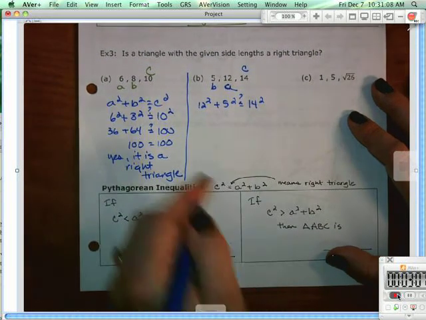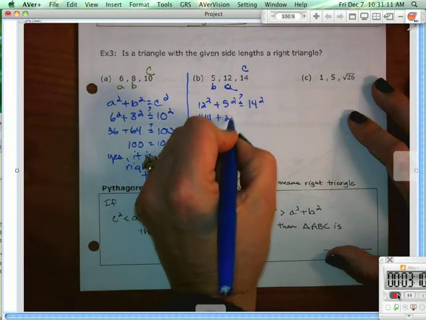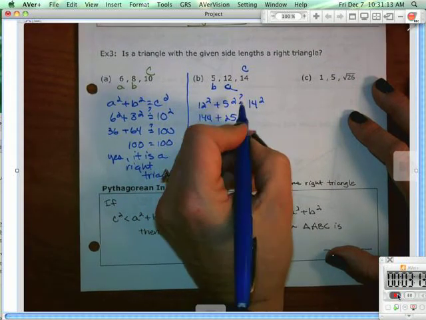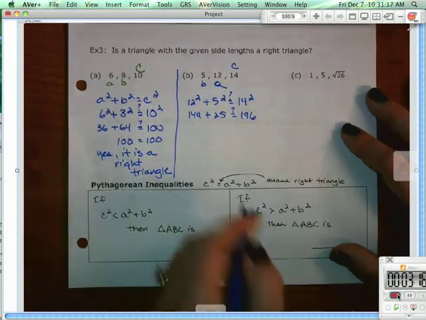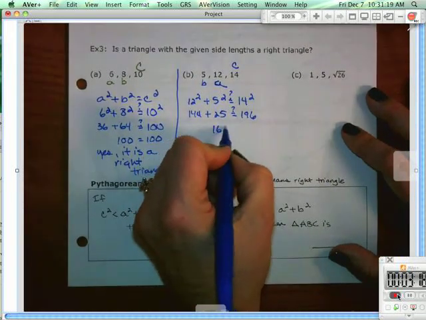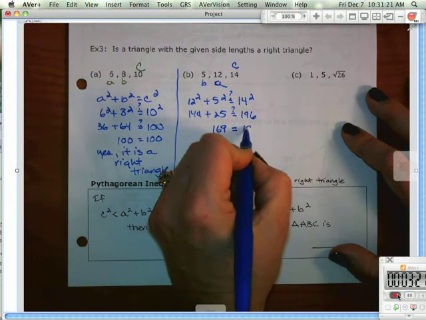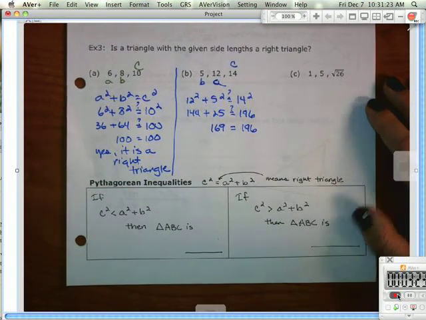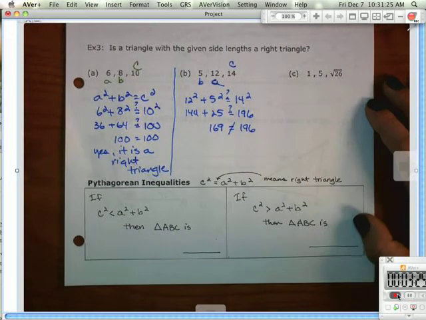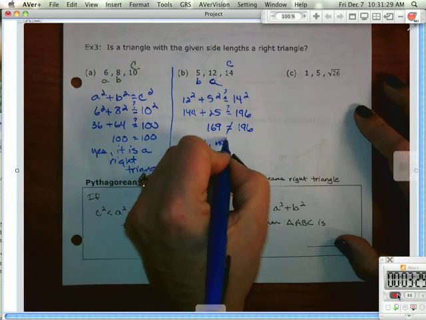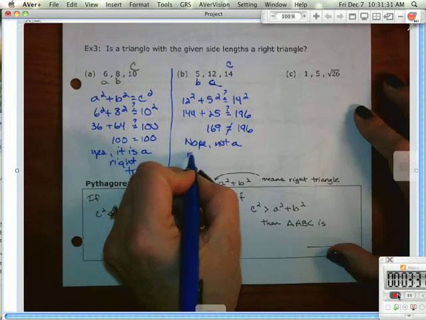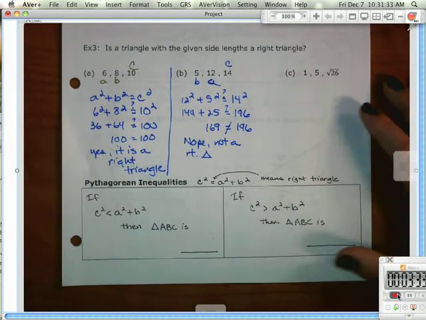So 144 plus 25, is that equal to 196? And then these two add together to 169. Is that a true statement? No, they are not true. So we say nope, not a right triangle.